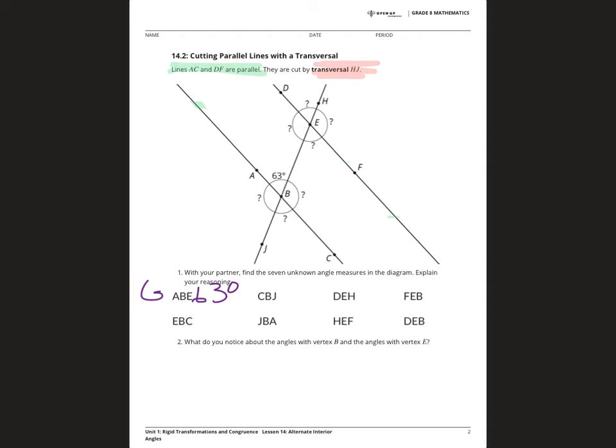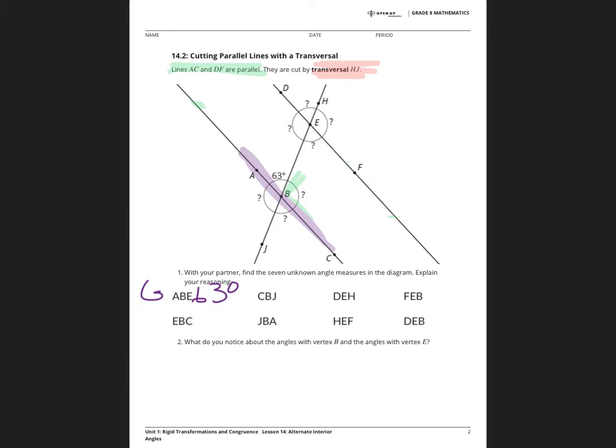Okay, then it says EBC. So let me find that one. EBC, right here. Okay, so EBC is right next to that one there that we already know. Those are angles on a line. So you're going to want to write that in your notes. EBC are angles on a line with ABE.